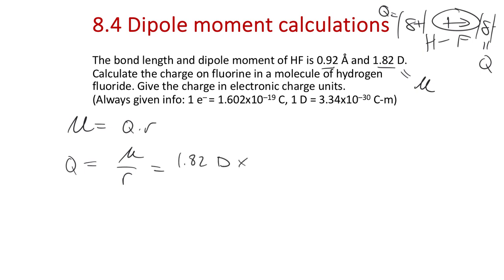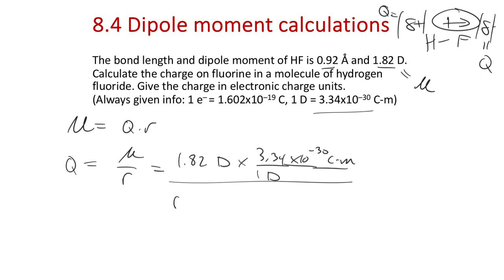We use that conversion factor to take it to coulomb meters. So 1 debye is 3.34 times 10 to the minus 30 coulomb meters. And we divide that by the bond length, 0.92 angstrom. Because you see the meter unit here, we want to convert that angstrom into meters.